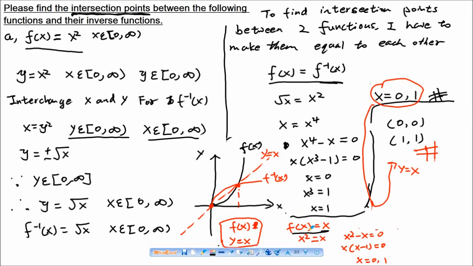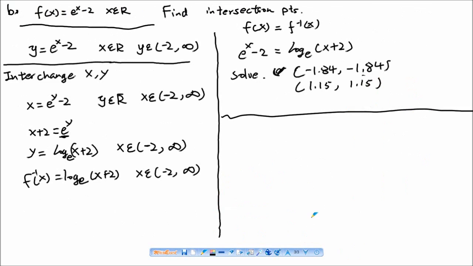However, if we do it this other way, all I need to do is make e power of x minus 2 equal to x, which is our original function.